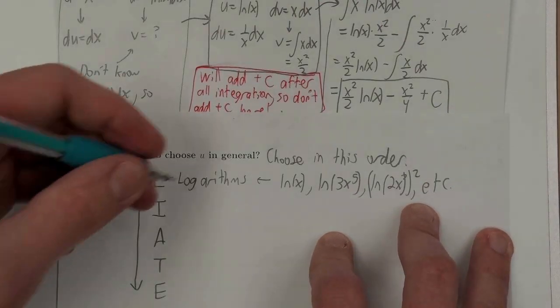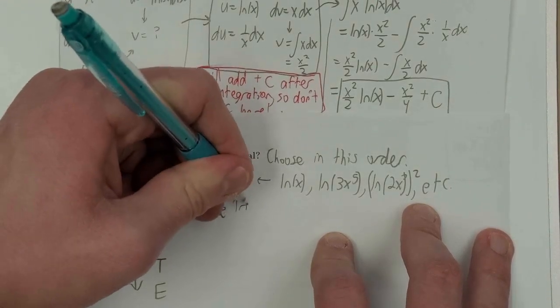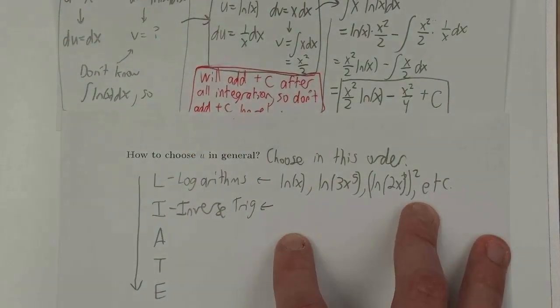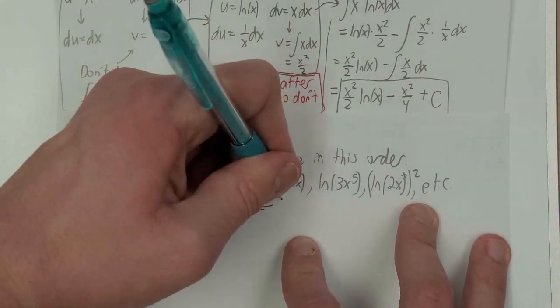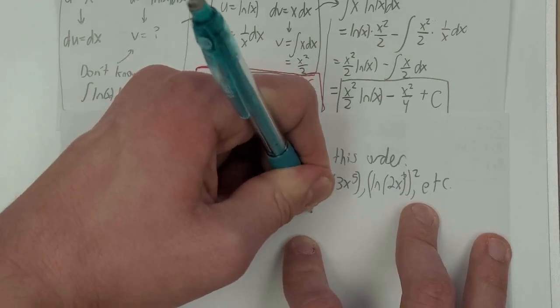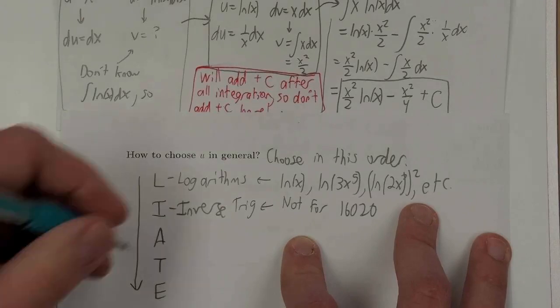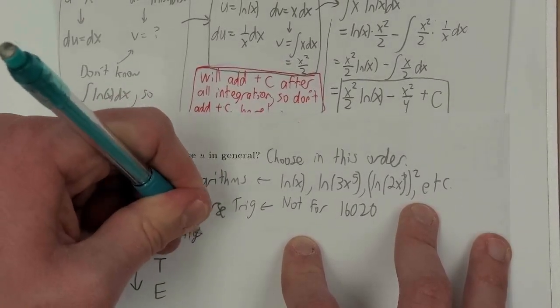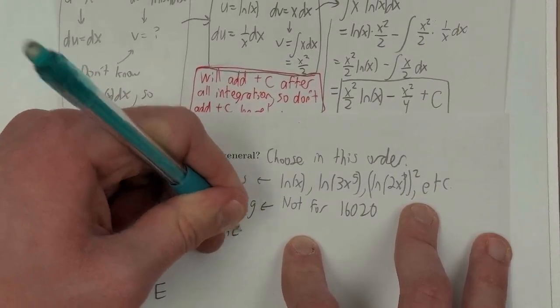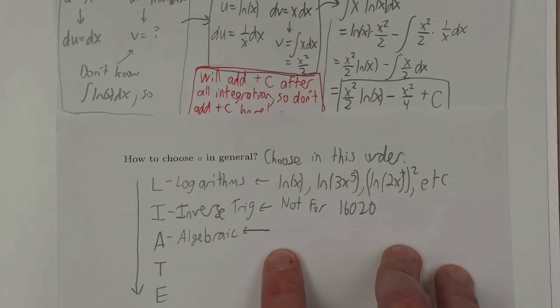I is for inverse trig. Thankfully, though, that's not something we need to care about in this class, so you can skip that. A is for algebraic. Okay? Basically, it's just a fancy word for polynomials in this context.